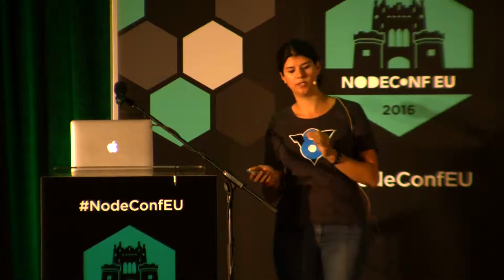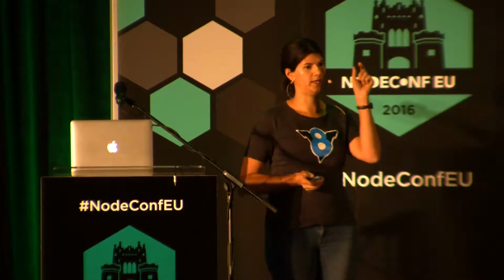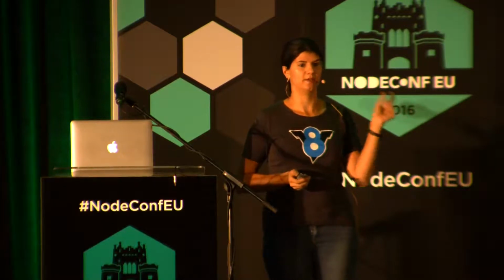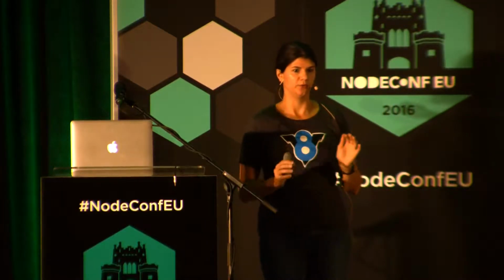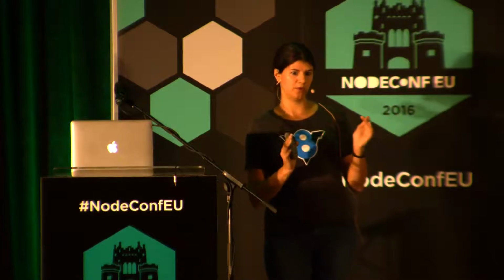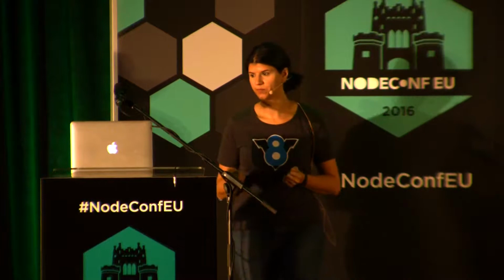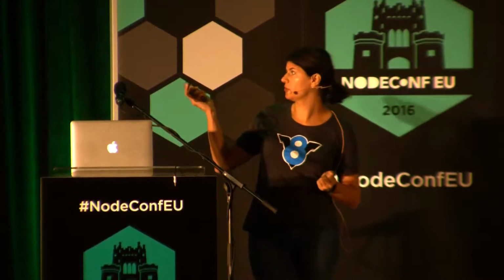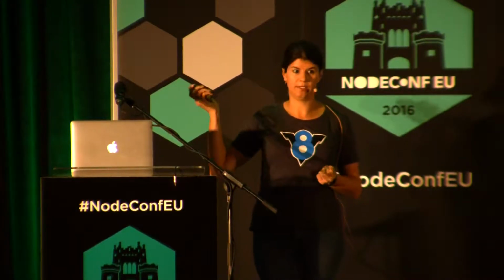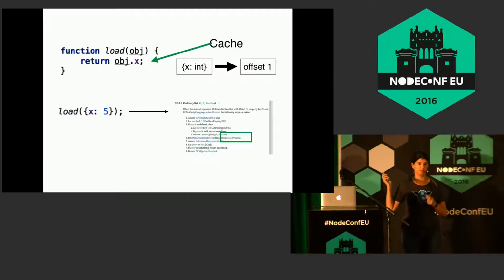So we're not storing that if this exact object where x is 5 comes in, then the value is 5. No, we're storing that for this shape of objects, always look at this offset. That's your value. And then we associate this cache with this property access right here. So this cache is specific for this one line of code.